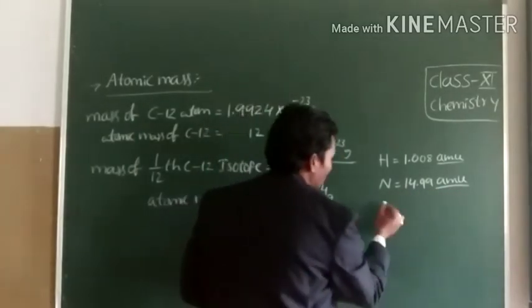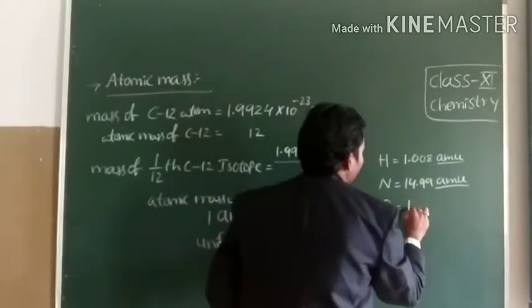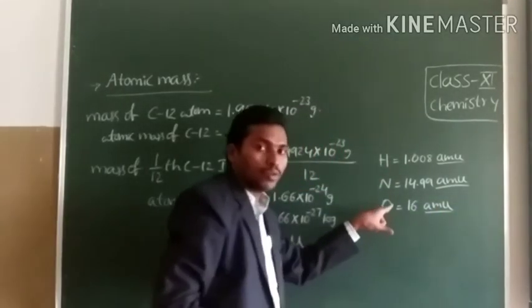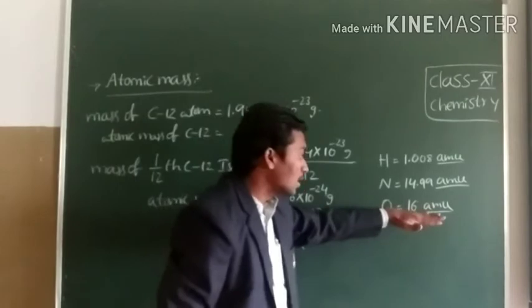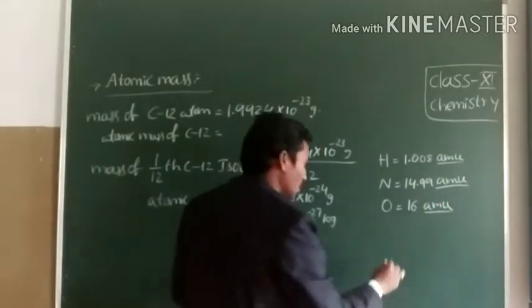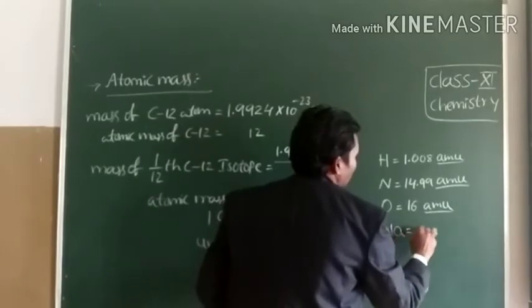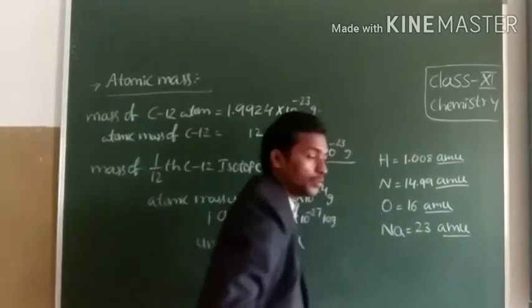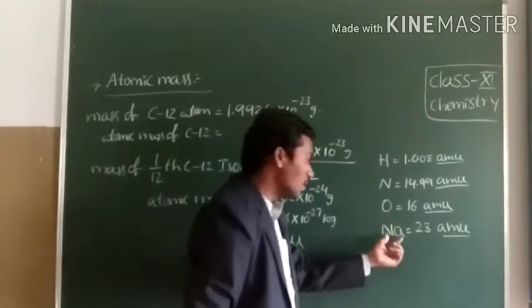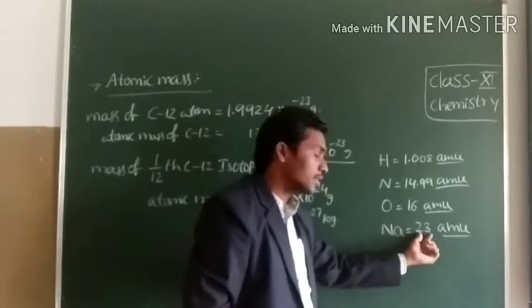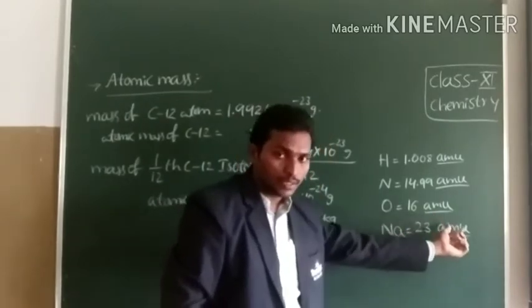Next, oxygen atomic mass. Oxygen atomic mass is 16 AMU. The mass of one atom of oxygen is 16 times that of the atomic mass unit. And sodium atomic mass is 23 AMU. 23 AMU means the mass of one atom of sodium is 23 times heavier than the atomic mass unit.